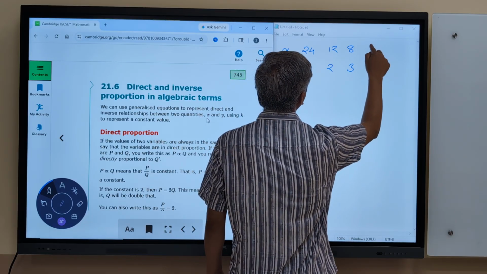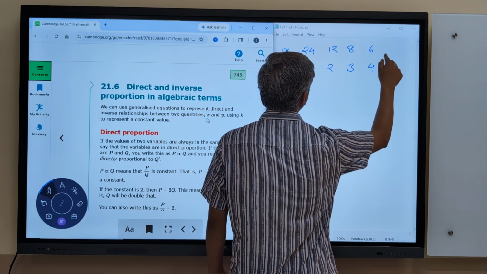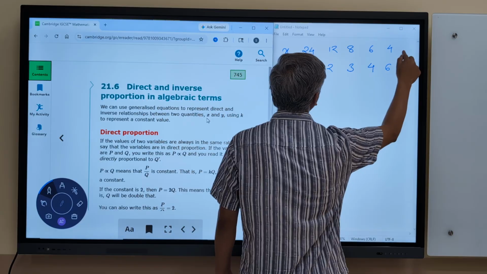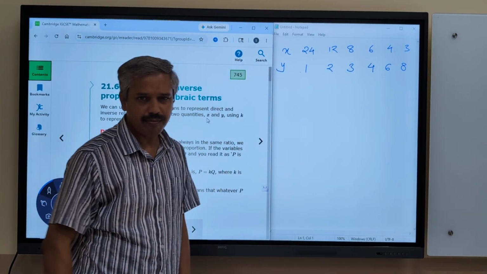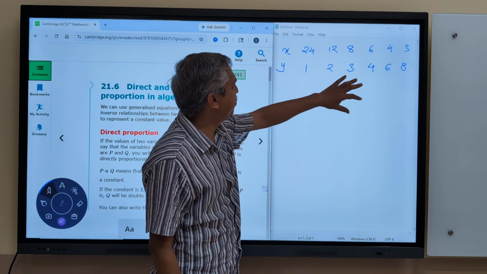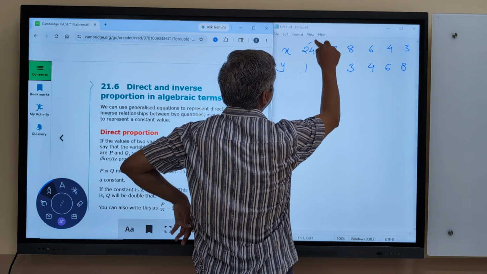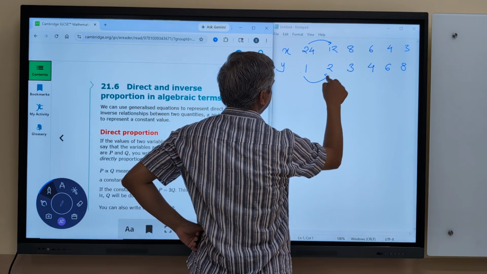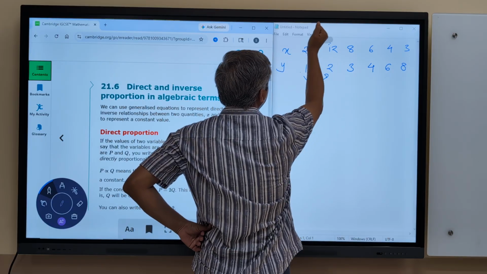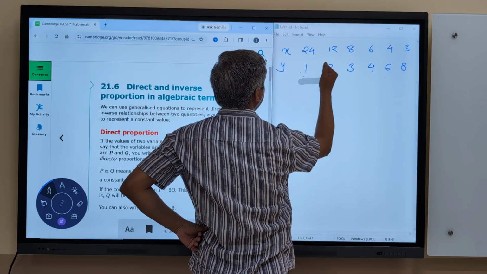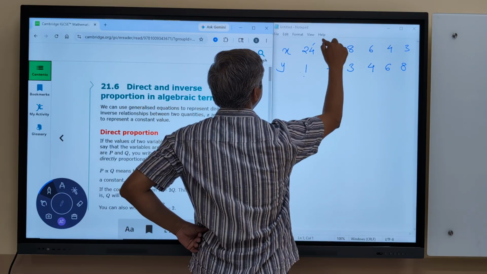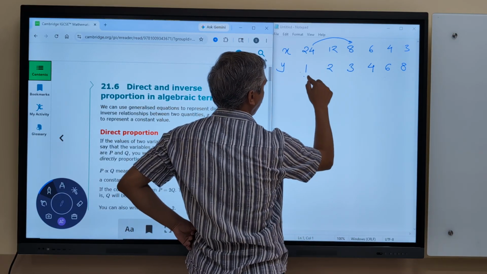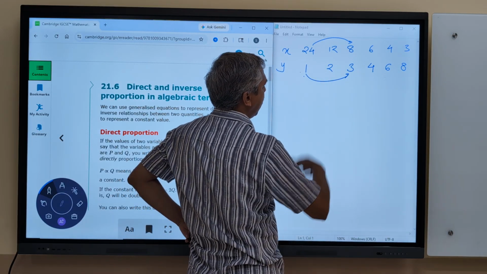You get 12 and 2, 8 and 3, 6 and 4, 4 and 6, 3 and 8, and so on. If x is becoming half, then y is becoming double, or if x is becoming one third, y is becoming triple, and so on.